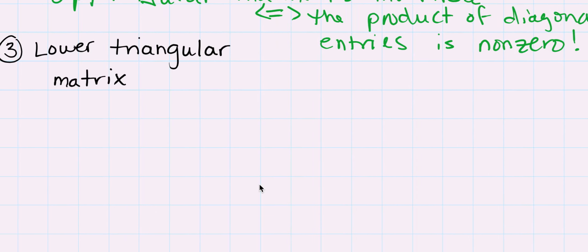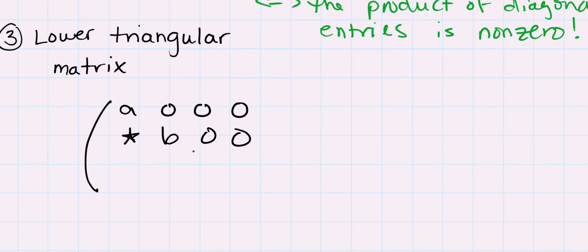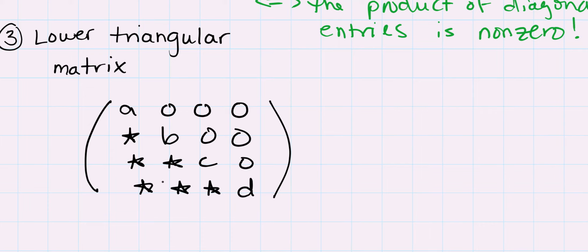And the last special type of matrix I want to talk about is a lower triangular matrix. And again, here's an example. I'm thinking you can guess what this is going to look like. So these stars just represent any number. And same thing with this A, B, C, and D, any number. You could put stars here if you like.